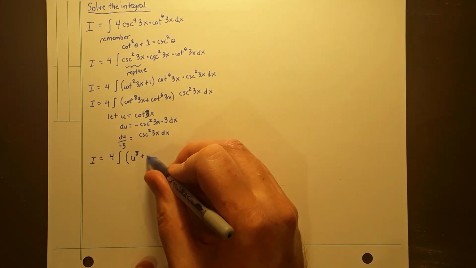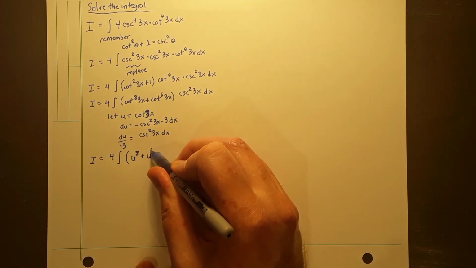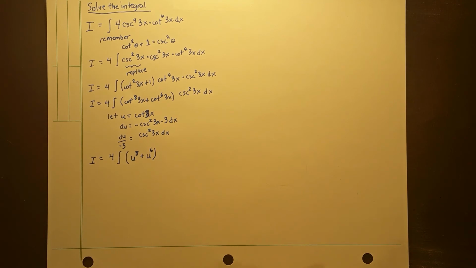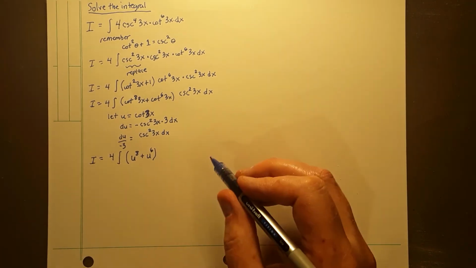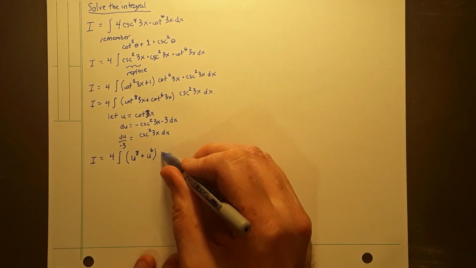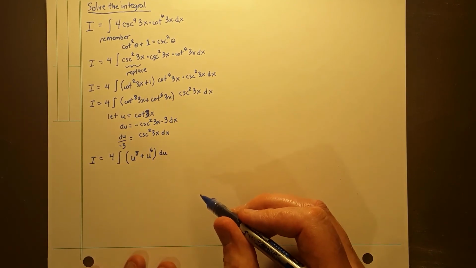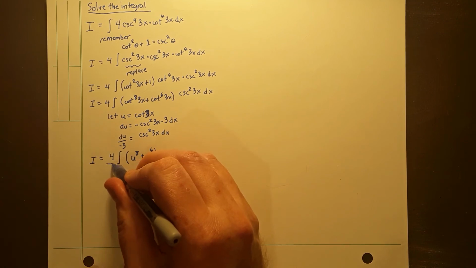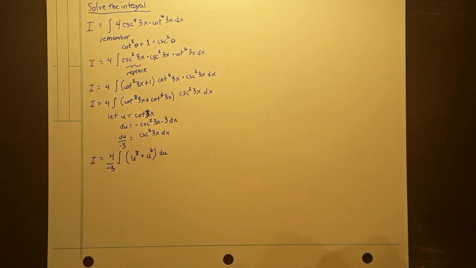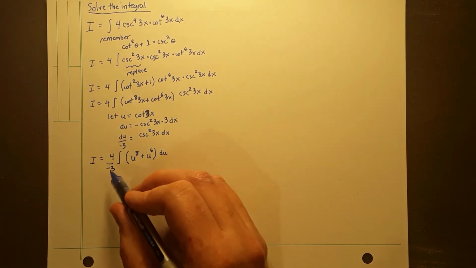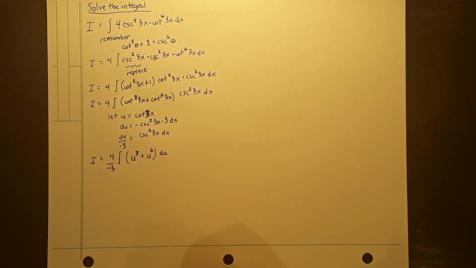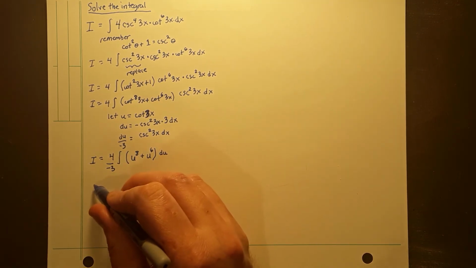Instead of writing cotangent power 6 of 3x, that's going to become u to the power of 6. And cosecant squared 3x dx on the end is going to be replaced with du divided by negative 3. The divide by negative 3 constant can come outside of the integral, and so I place it in the denominator of the coefficient outside the integral.